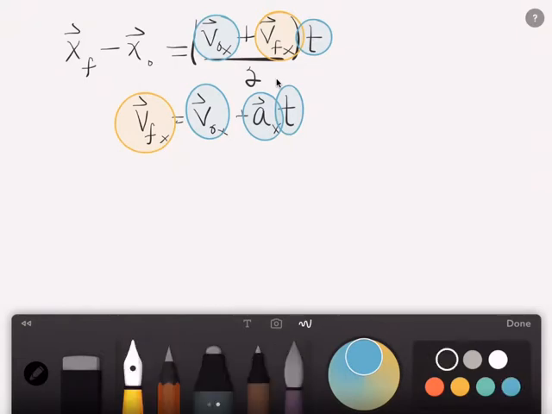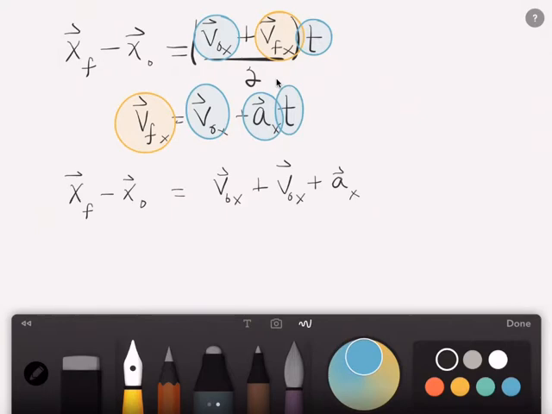We end up with xf minus x initial equals the initial velocity in the x direction plus the acceleration in the x direction times t, all over 2.